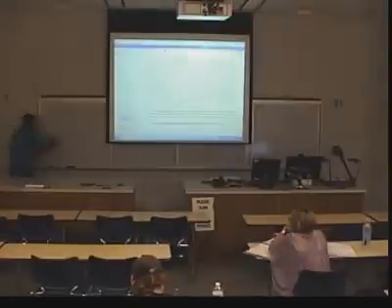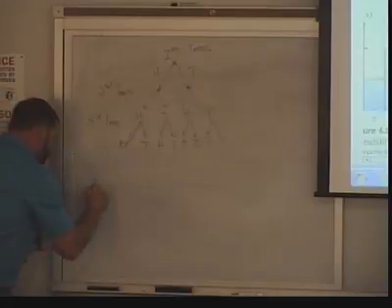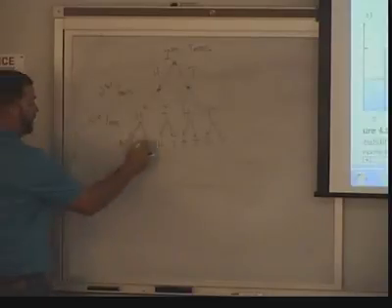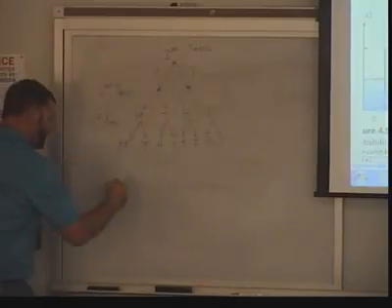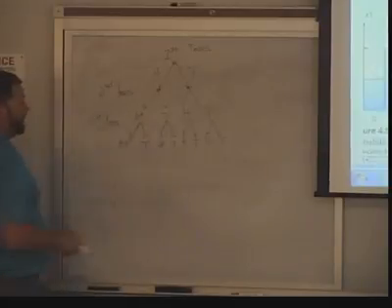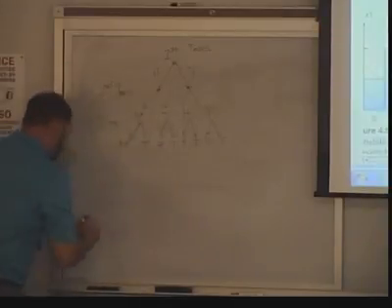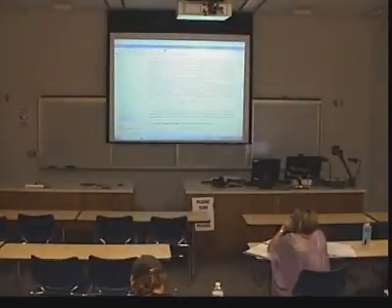So let's write down all of our events. We have H, H, H. Then we have H, H, T. Then H, T, H. Then H, T, T. Let's keep going.